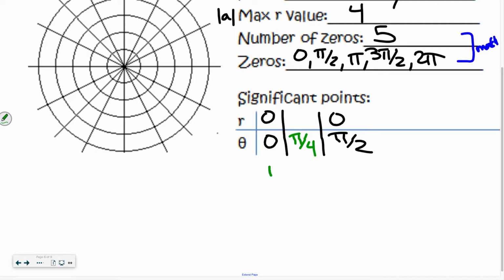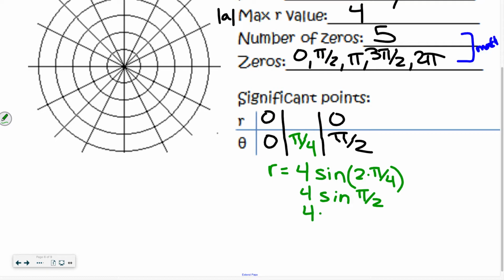I'd have to plug this in. R equals, what is it? 4 times sine of 2 times pi fourths. So that's 4 times sine of pi halves, which is 1. So that's 4 times 1, which is 4.